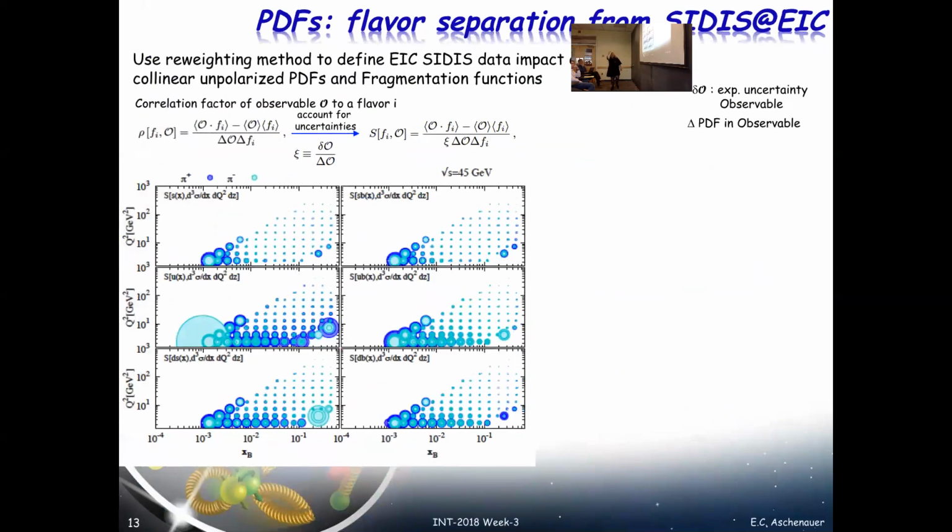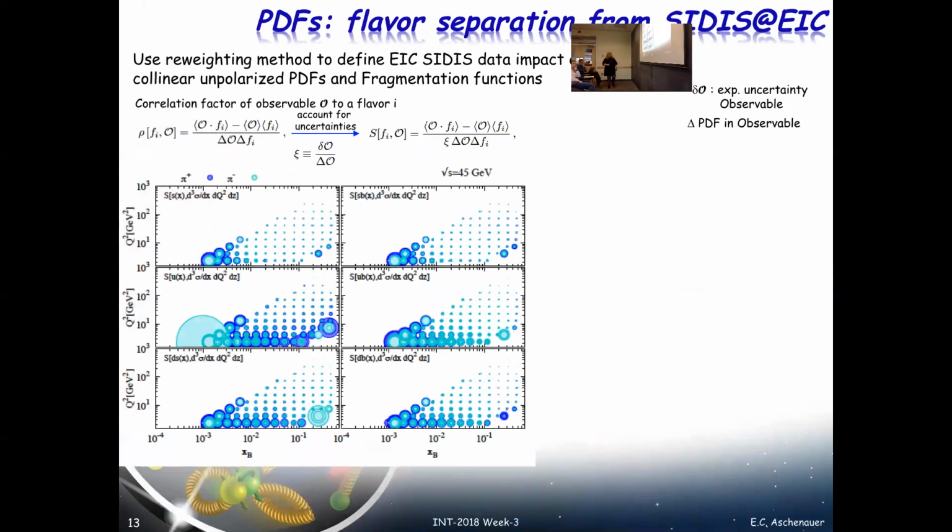And that is what we have started as well. Now bear with me a little bit, because these are different plots which you maybe haven't seen yet. We have used the reweighting method to define the EIC SIDIS impact on collinear unpolarized PDFs and also on the fragmentation functions.